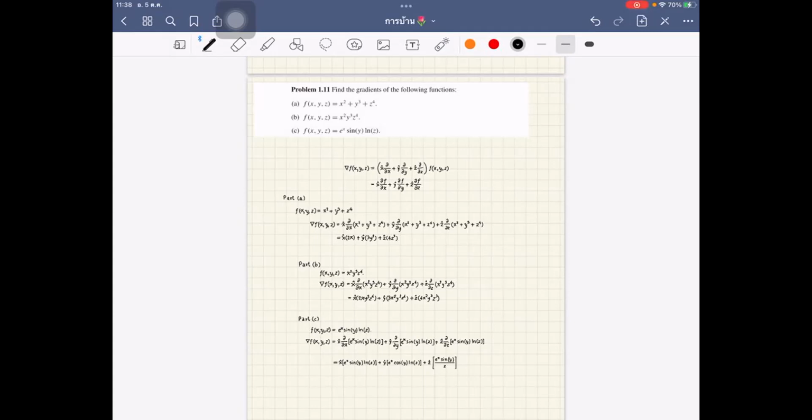So we substitute f into each component. So we need to do the derivative. As we can see on the screen, the derivative is also done.